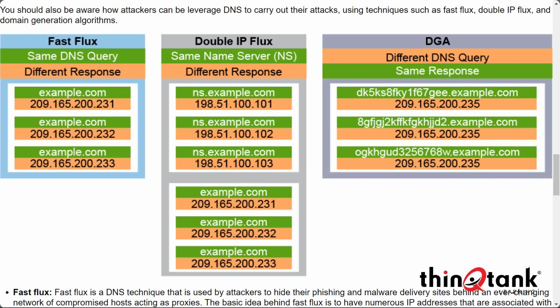Because that ultimately would be the best way to do it, is to simply get rid of the domain. All right, not go and get rid of the fast flux servers or proxies, but to get rid of the domain.